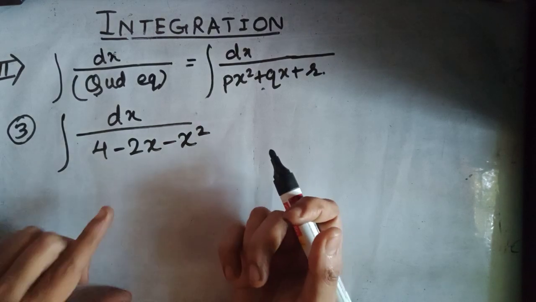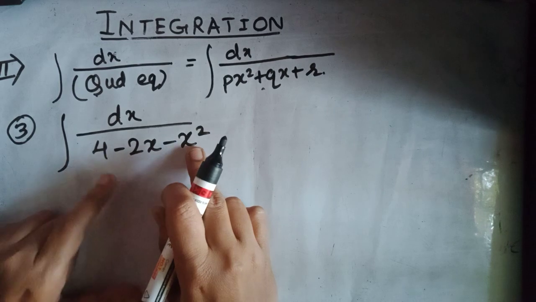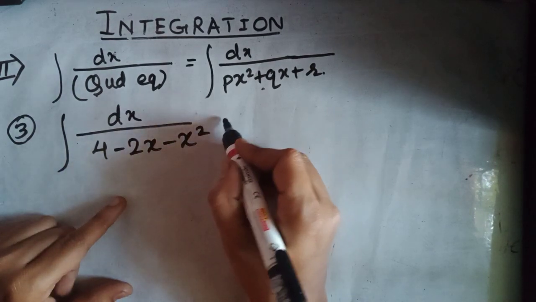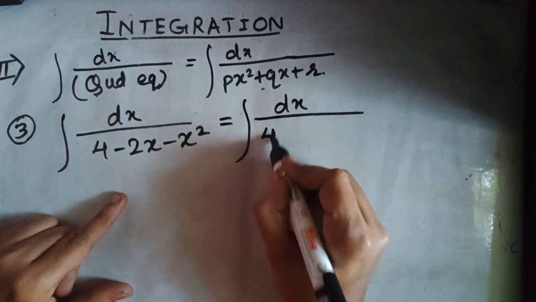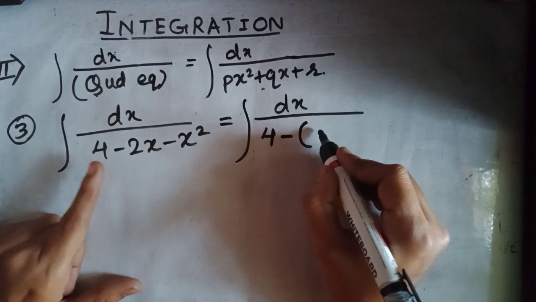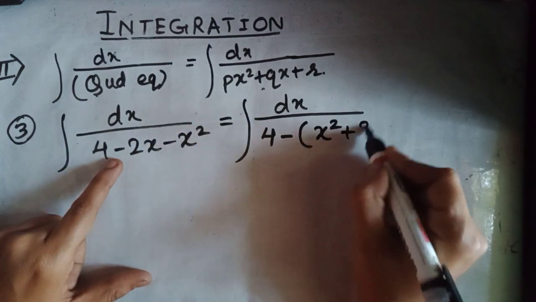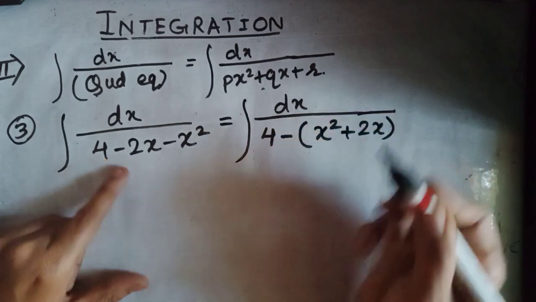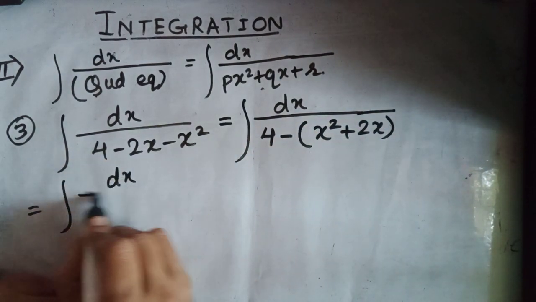Let's solve this. So this is given 4 minus 2x minus x square. So this I can write as integral dx over 4 minus, I will take this minus sign outside, so this will be x square plus 2x, correct? Now I have to adjust the terms.